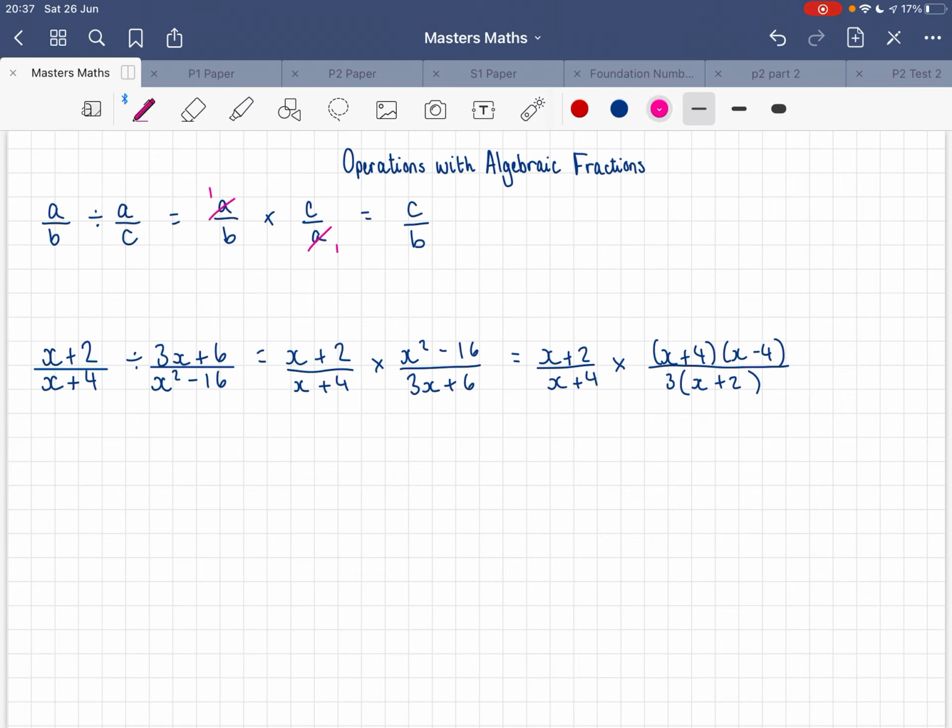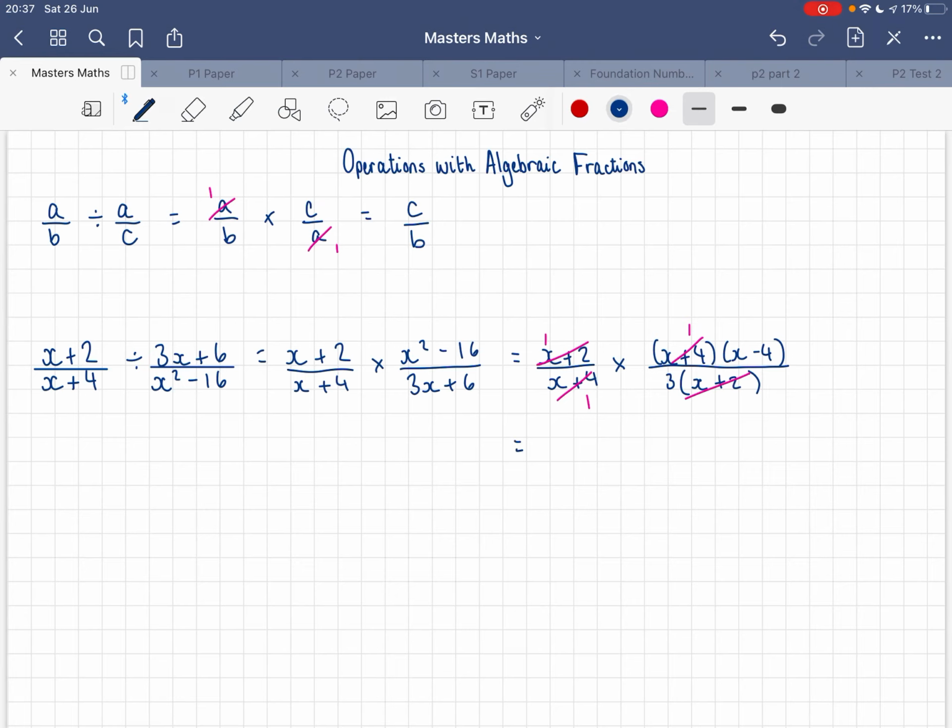So now, where we can simplify, we've got x plus 2 and x plus 2, they are cancelling each other out. Pre-cancelling, that's what it's called. Yeah, we can cancel the x plus 2 and the x plus 2, and we can also cancel an x plus 4 and an x plus 4. So we've actually got rid of that initial fraction, and it's just become 1.